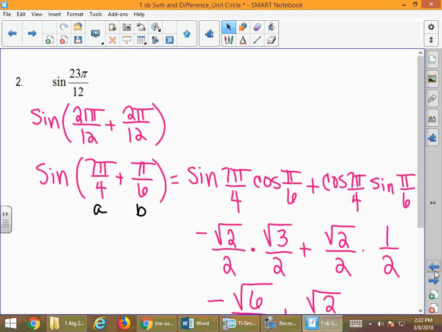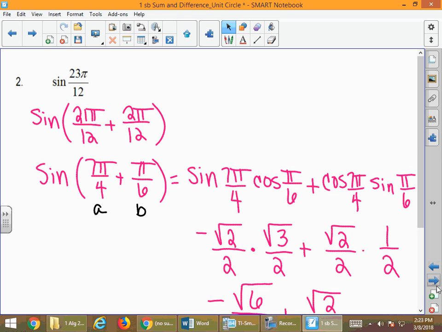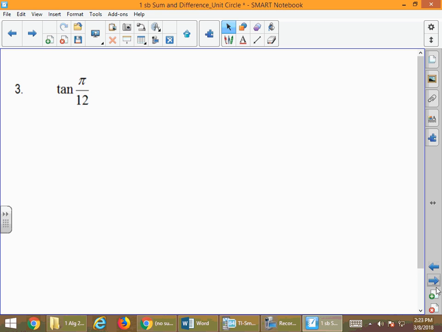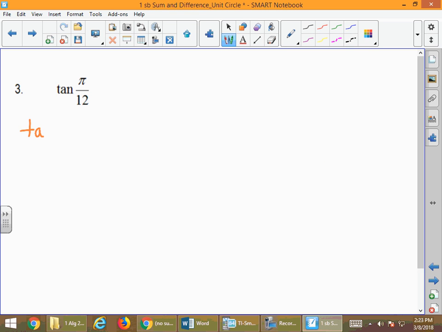On tangent, we have values. We found them earlier. Pi over 12. 3 pi over 12 minus 2 pi over 12, which is pi over 4 minus pi over 6. So it's tangent of pi over 4 minus pi over 6.